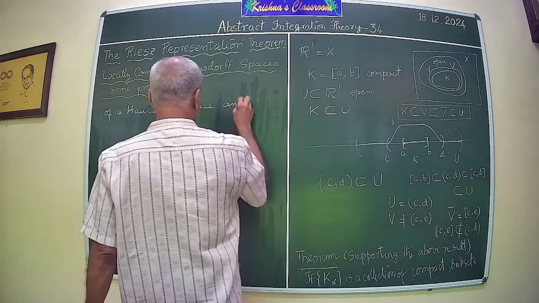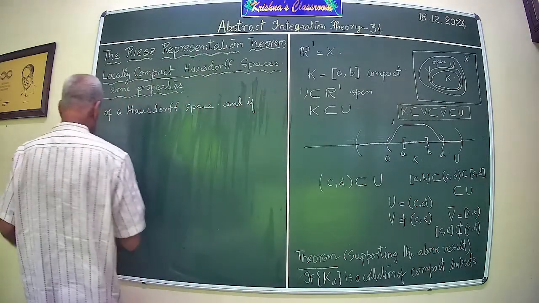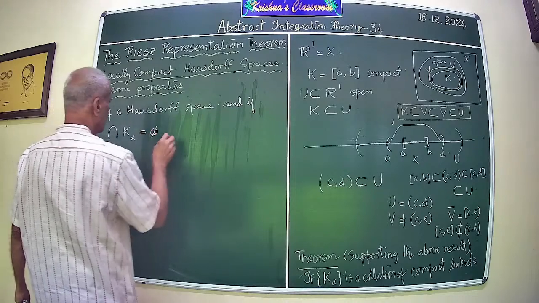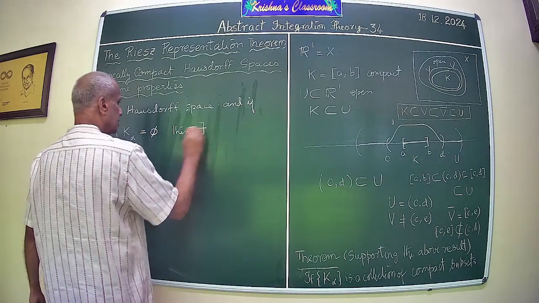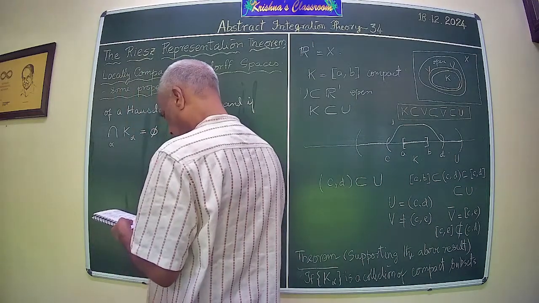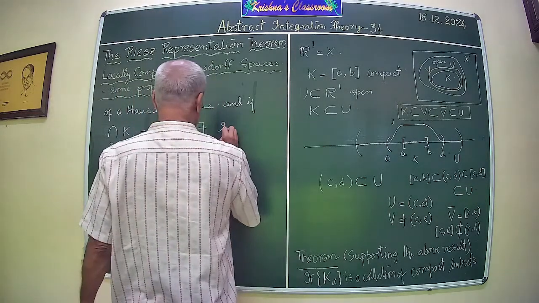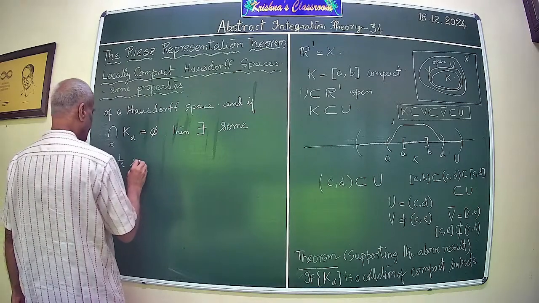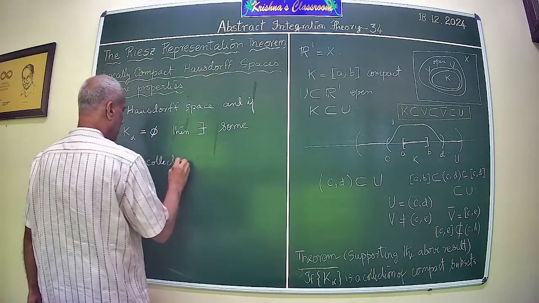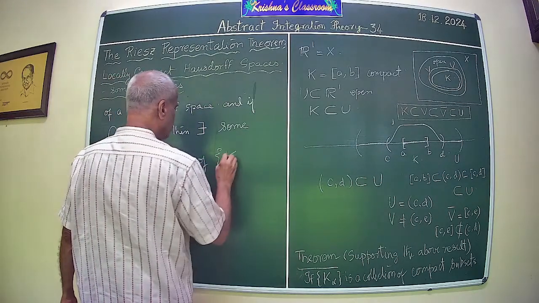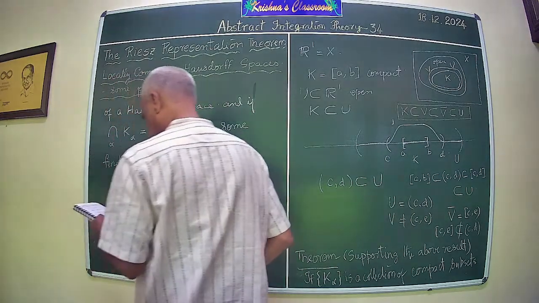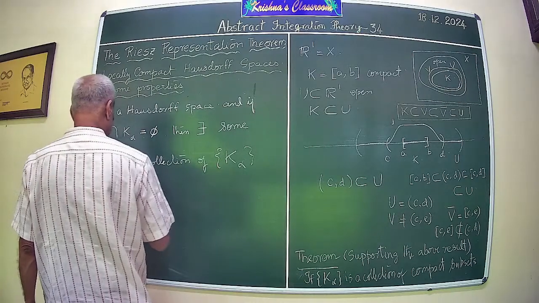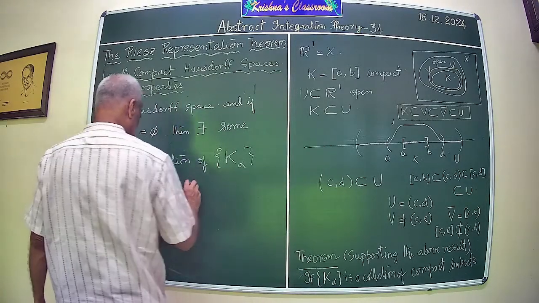And if the intersection of the K alpha is empty, then there exists some finite subcollection of K alpha having an empty intersection.